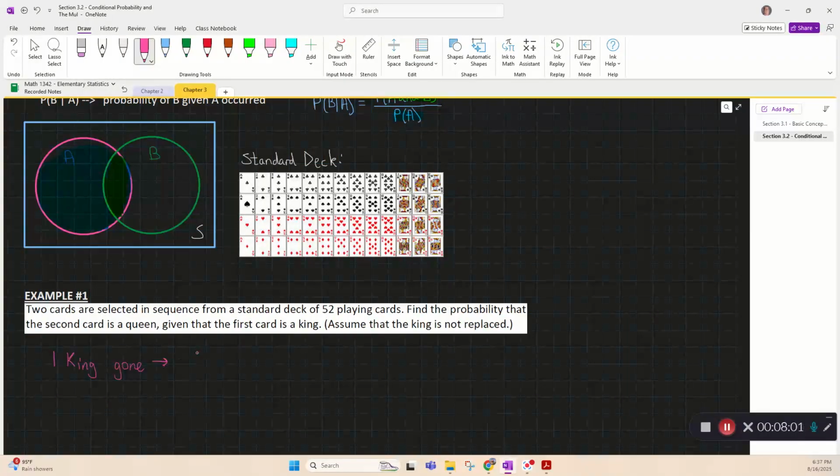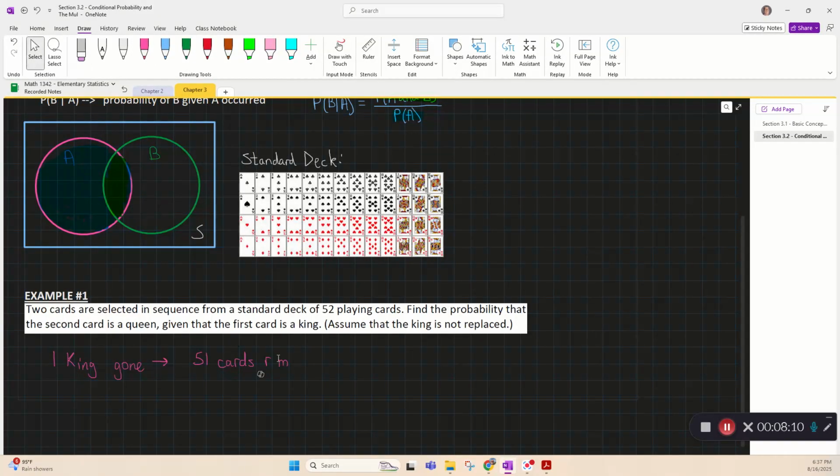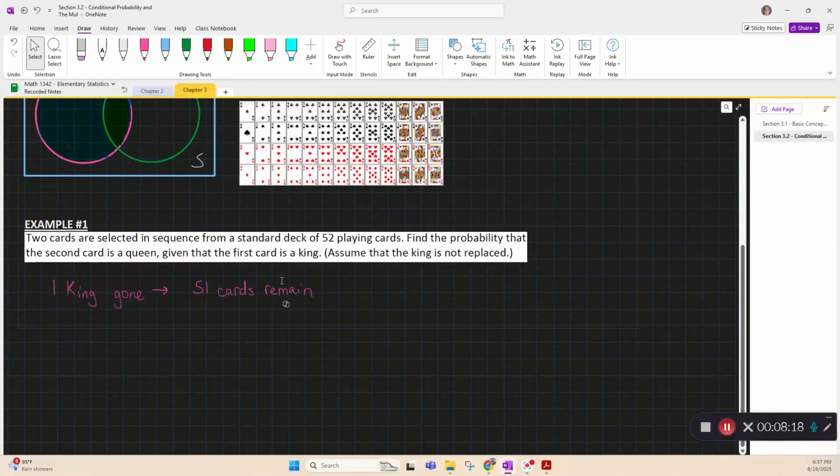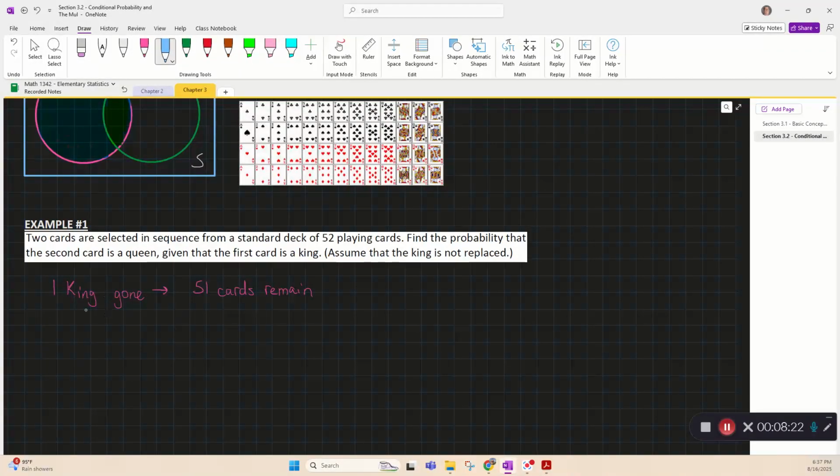Which means how many cards remain? 51 cards remain. So we pull the king out, 51 cards are going to remain. How many queens remain? Well, if the king is gone, there's going to be 4 queens.